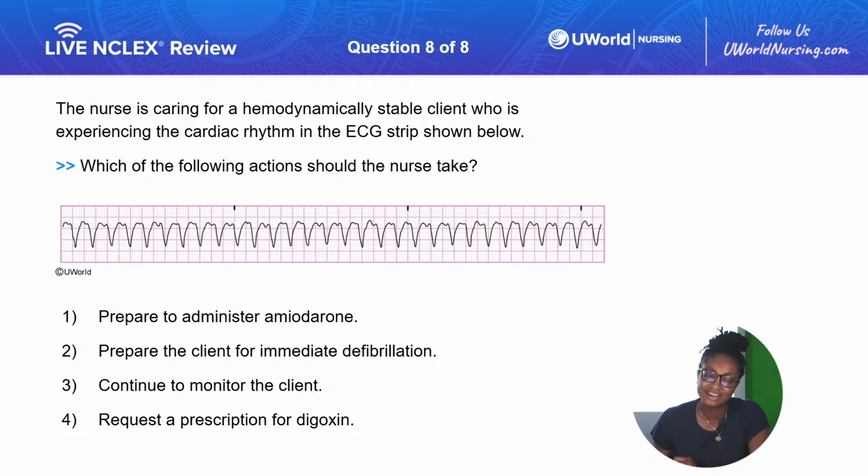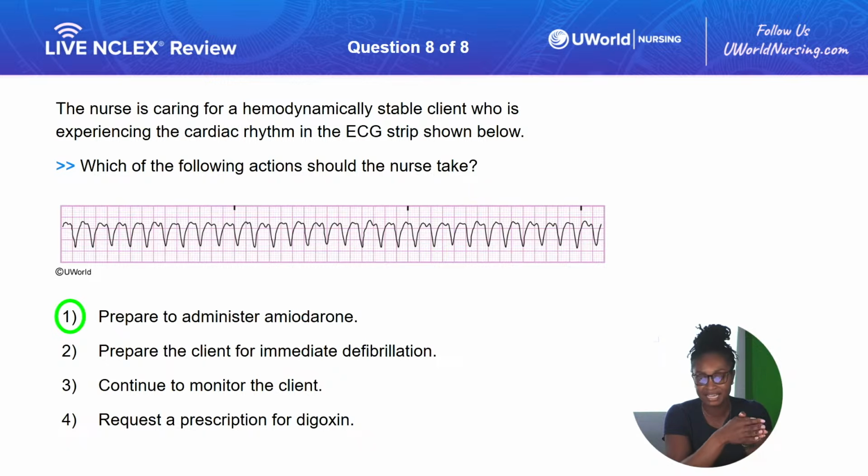Okay. Correct answer is option 1, prepare to administer amiodarone. So let's go back to the question, this client is hemodynamically stable. That is a very, very big key factor in the question, because that means we're going to go from least invasive to invasive. But let's figure out what the rhythm is.